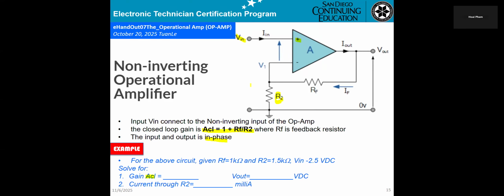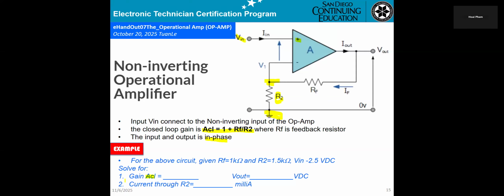In order to calculate the current through R2, you have to know the voltage here and the other side is ground. You take this voltage and divide by R2.